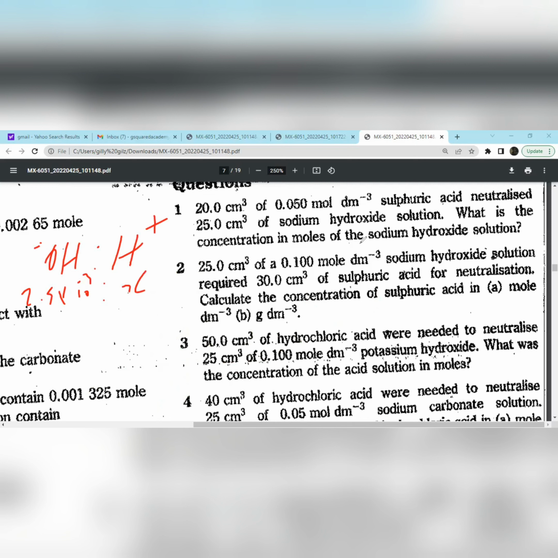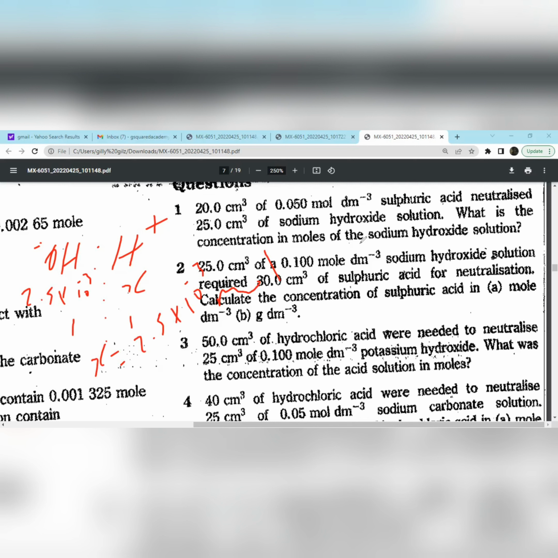What's the mole ratio here? It's a 1-to-1 ratio. And so therefore, if 2.5 times 10 to the minus 3 moles of OH is reacting, then it's going to be 2.5 times 10 to the minus 3 moles of acid. So that's the moles of the acid that would be reacting.